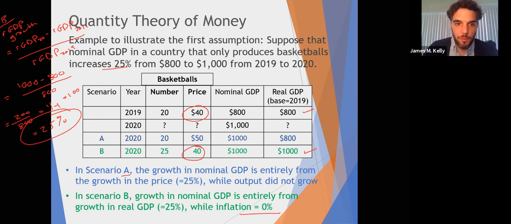GDP comes from the growth in prices, whereas in scenario B, the opposite is true. The growth in nominal GDP is solely from the growth in output in real GDP. Okay?